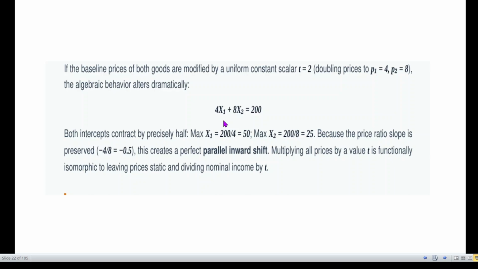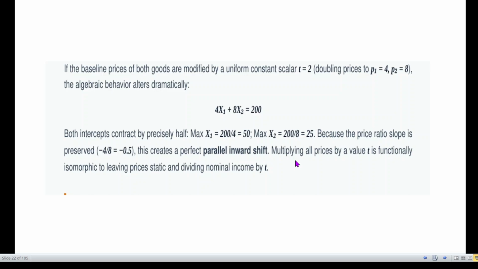Both the intercepts contract by precisely half. Maximum x1 is equal to 100 divided by 4, which is 50, and maximum x2 is equal to 100 divided by 8, which is 25. Because the price ratio slope is preserved, the slope is negative 4 divided by 8, which is equal to negative 0.5. This creates a perfect parallel inward shift.